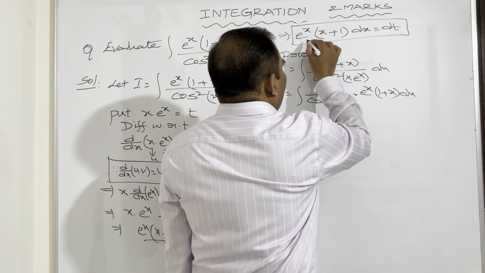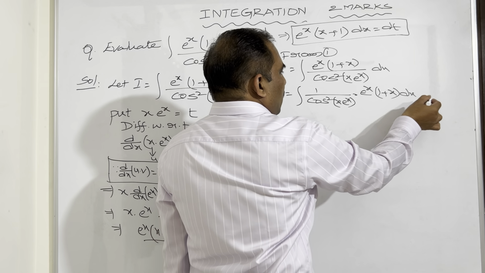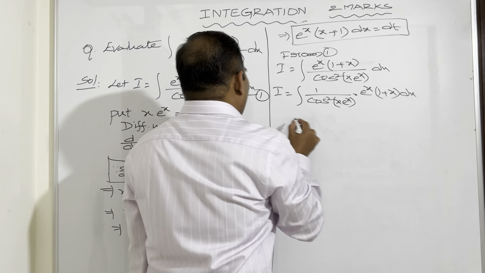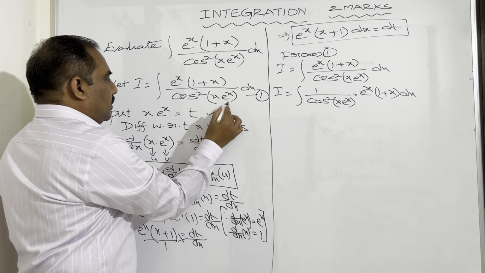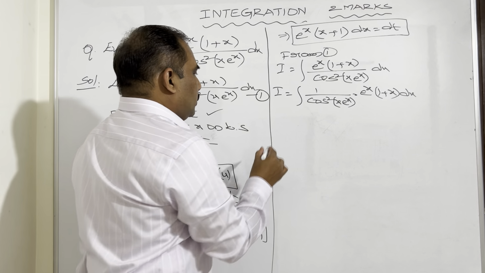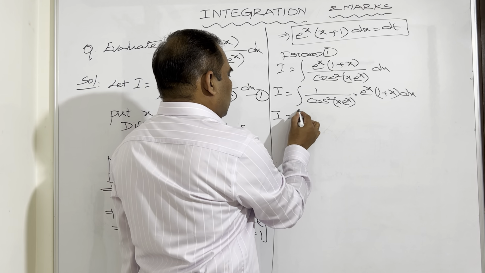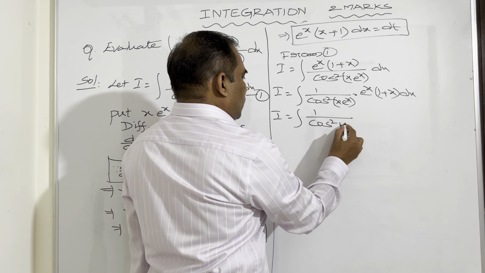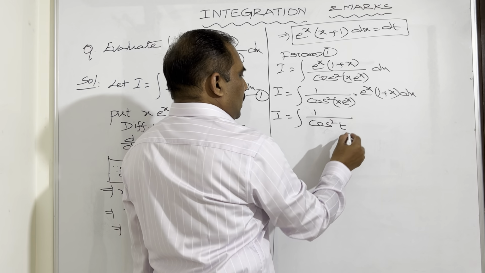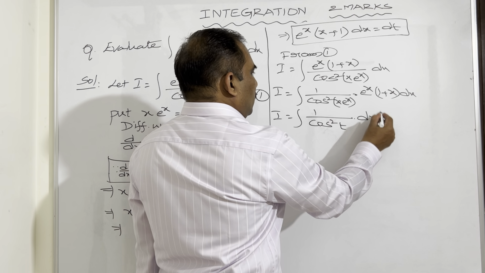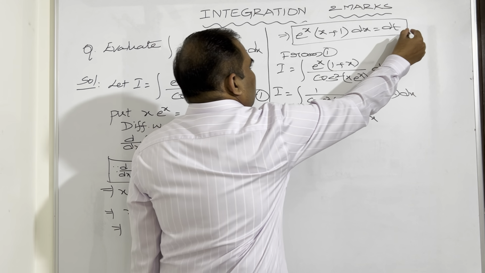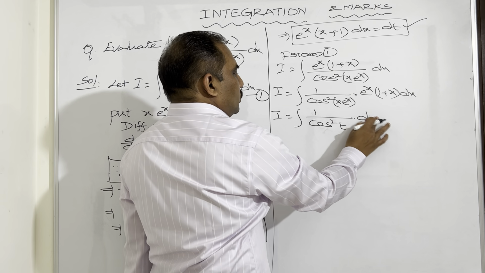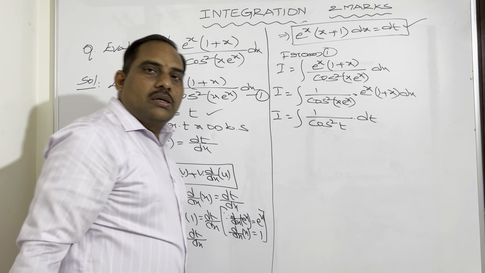See here, we have e power x into (x plus 1) dx is equal to dt, and x e power x is equal to t. So the function becomes the integral of 1 by cos square t, and e power x into (x plus 1) dx is replaced by dt.